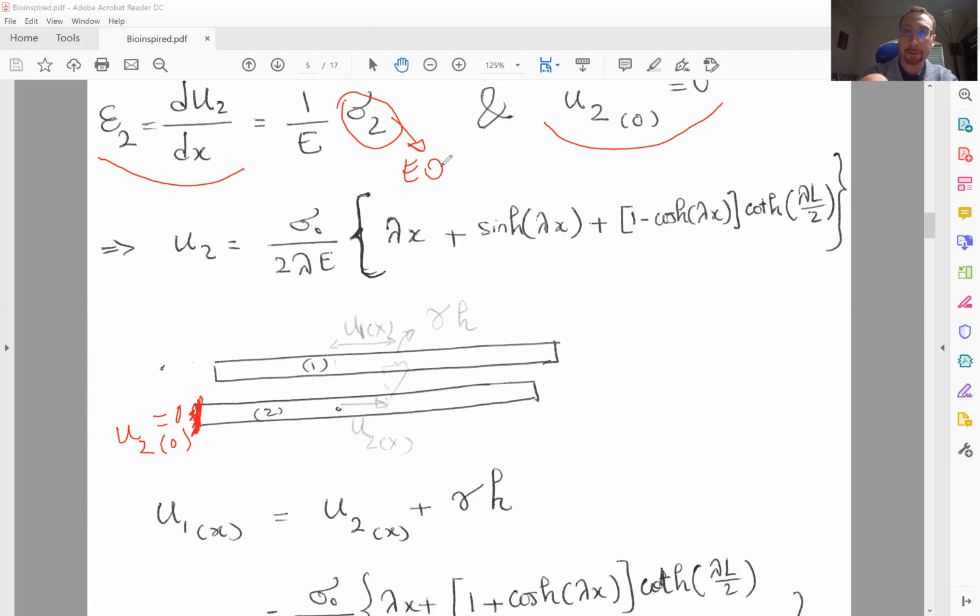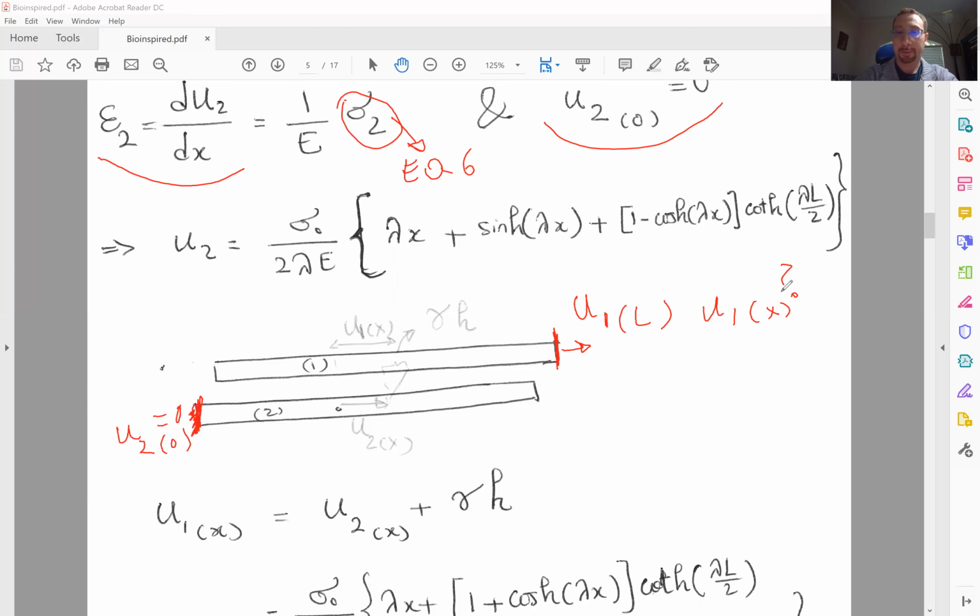So if we add that to this equation and integrate it, we can get U2. But we are interested to see how far this end moves. And actually, this end moves by U1 of L. So we have to calculate basically U1. We need to see what U1 is.